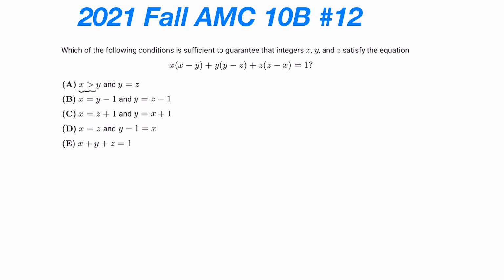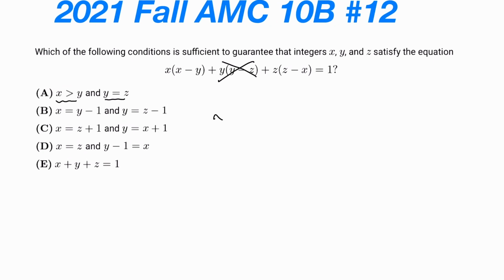Choice A says x is larger than y and y is equal to z. If y is equal to z, then y minus z will be equal to 0. And for z minus x, let's take a look: x times (x minus y) plus z times (z minus x).